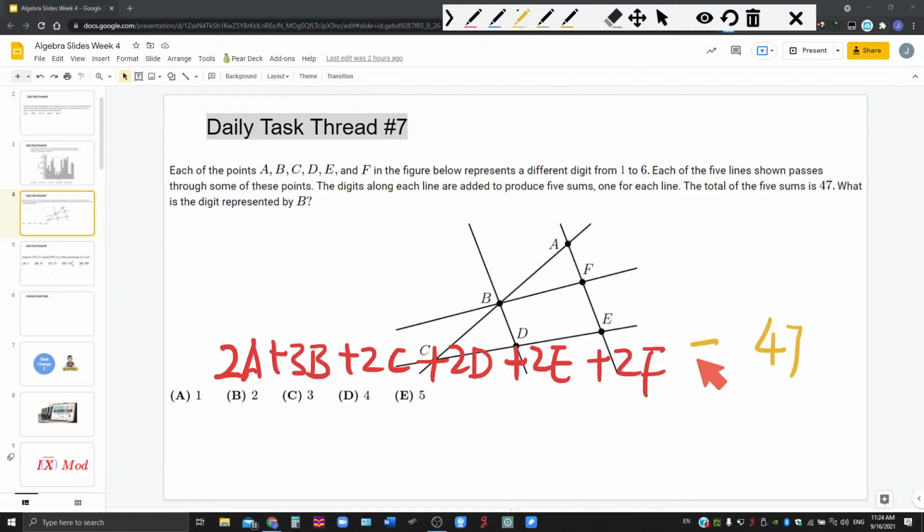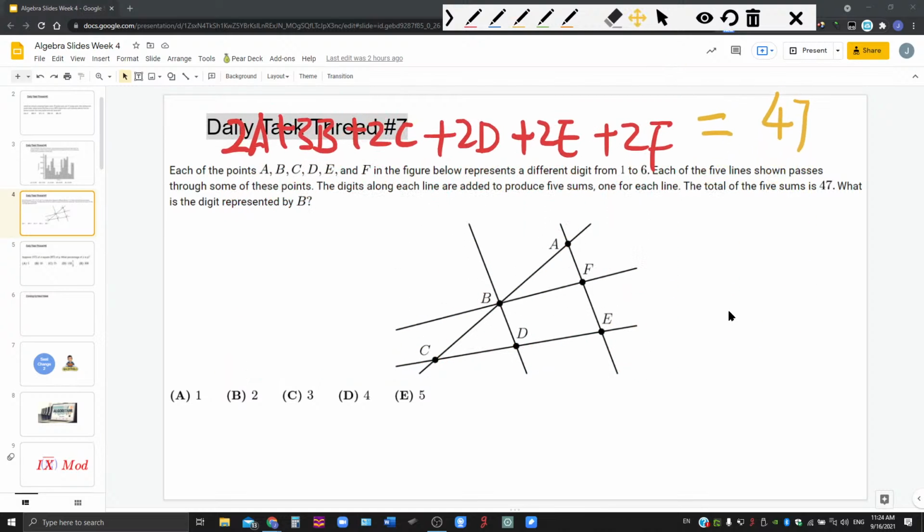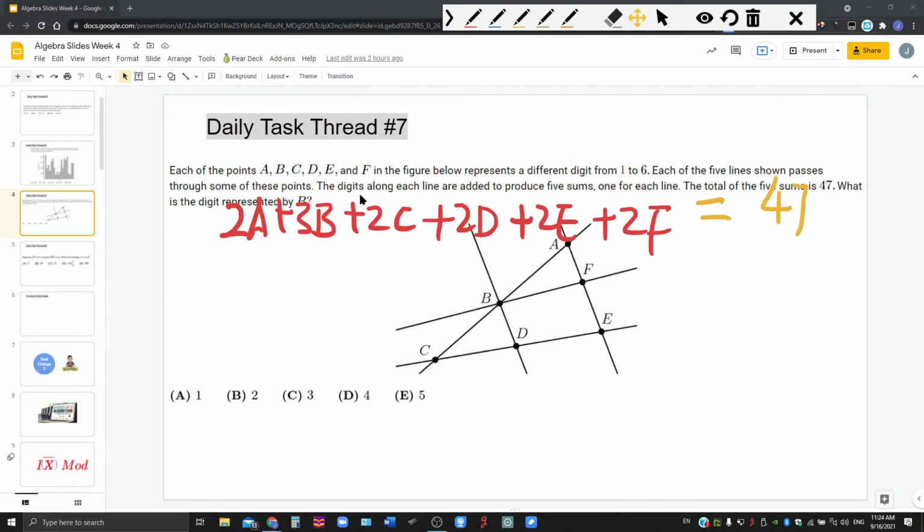And that's equal to 47. Okay, if you observe the equation, that's a relationship that we find out. You will see A, C, D, E, F, we added them twice, right? We added B 3 times.